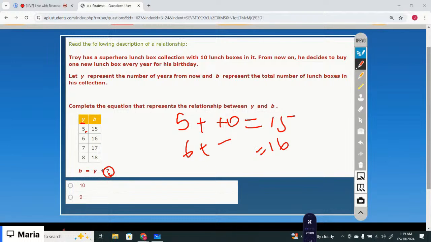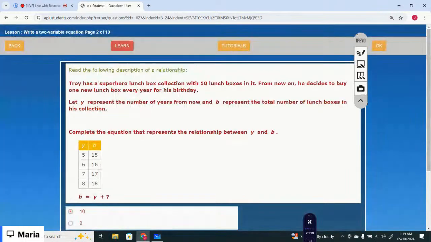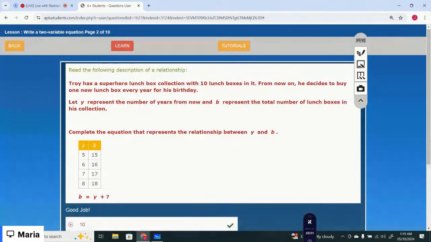Yes, that is 10. 6 plus 10 is 16. 7 plus 10 is 17. And 8 plus 10 is 18. So that means b equals y plus 10. Option number 1 is the correct option.